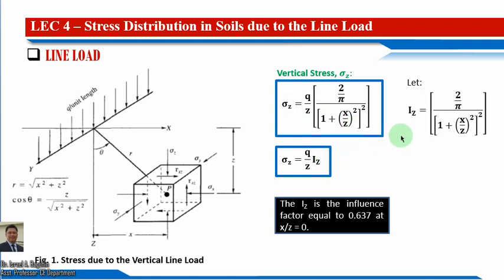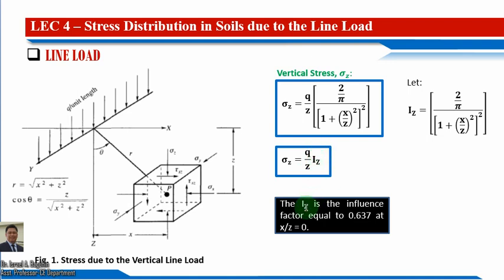If we denote 2 over pi all over 1 plus x over z squared, raised to the power of 2, as the influence factor I subscript z, this equation reduces to q over z times the influence factor I subscript z.